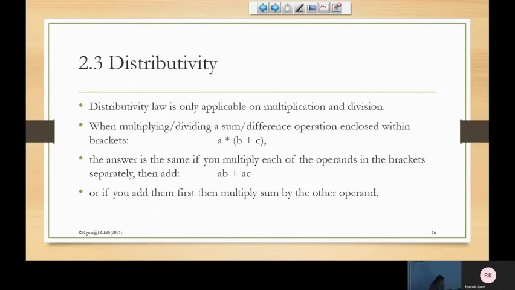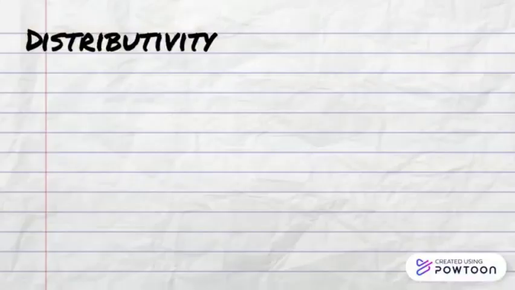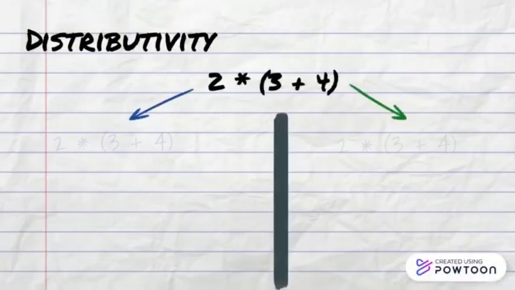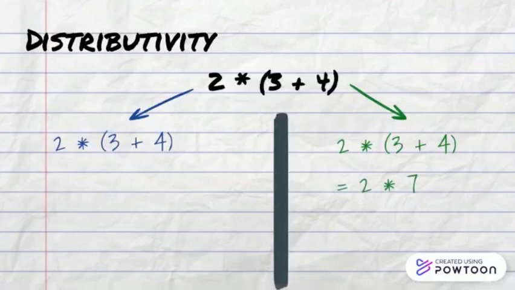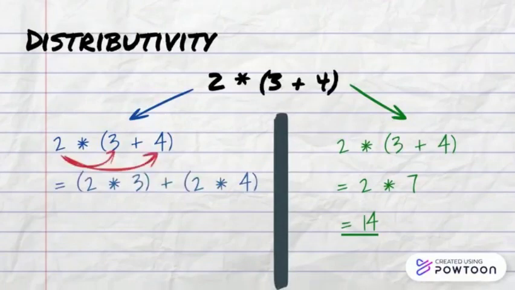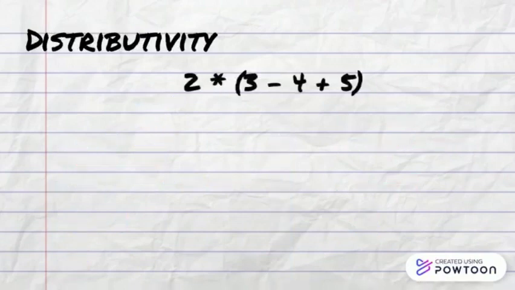It also has the same result as if you distribute the A to the numbers, to the operation which is inside the brackets. So in other words, you go A times B first, plus that same A be multiplied on the C. The answer should be the same.